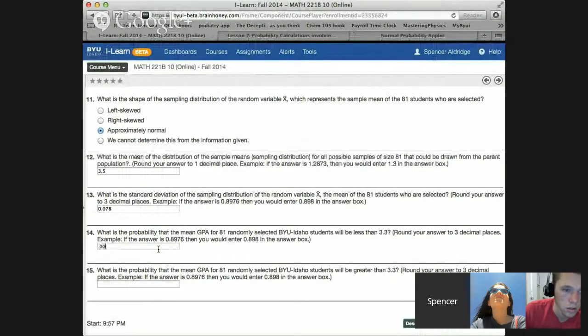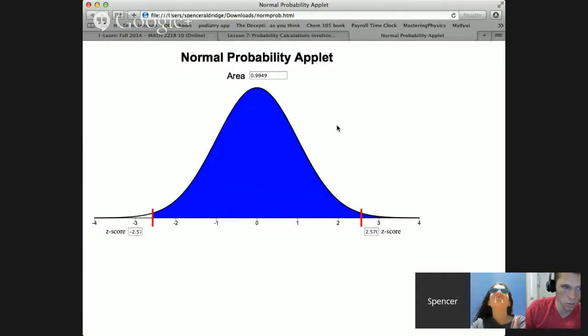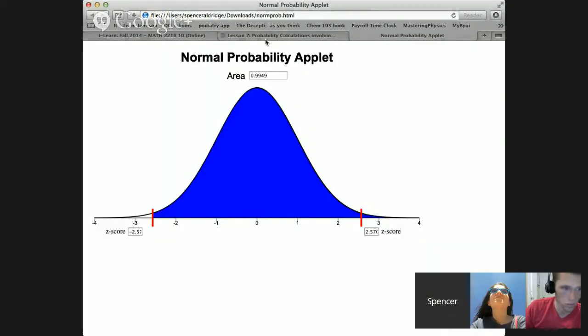Wait, are we doing the less than? Yeah, so 0.005. Okay. And now the next one's just greater than, so we just go back and select the greater than one. So then that would be 0.995.